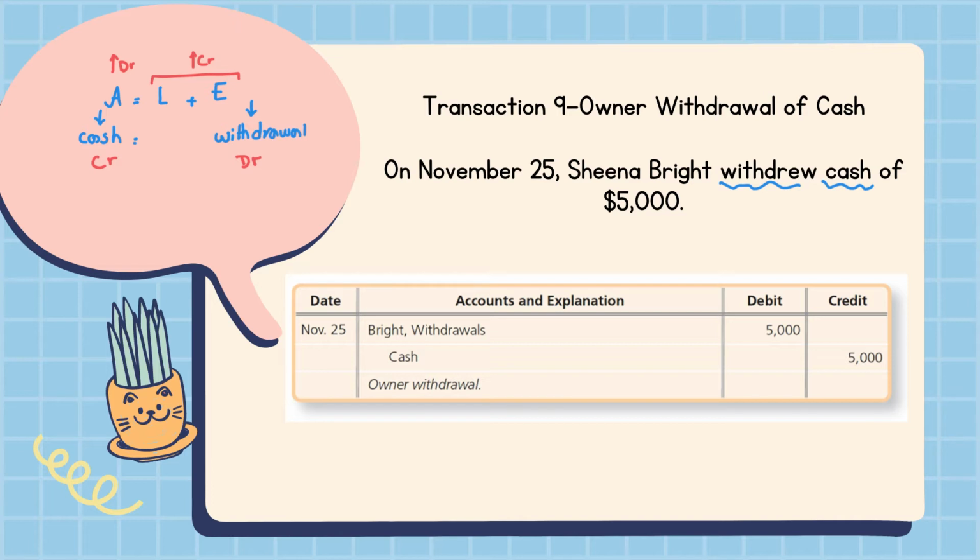So I'm gonna start with withdrawals, and this is the owner's name, and cash will be on the credit side, so I'm gonna leave a space, as you can see. Then I'm gonna debit and credit 5,000, and this is the description. Then we're gonna go to the T accounts of withdrawals and debit 5,000, and for the cash we're gonna credit 5,000.